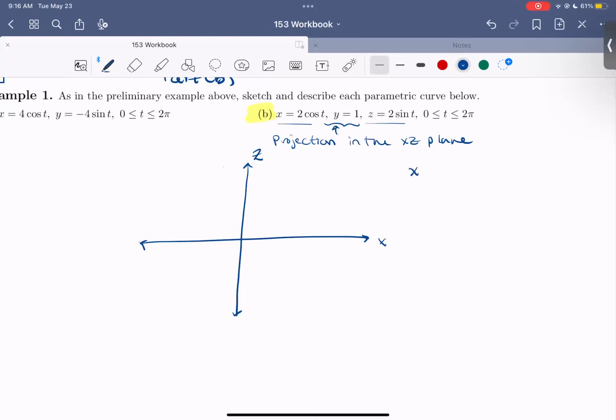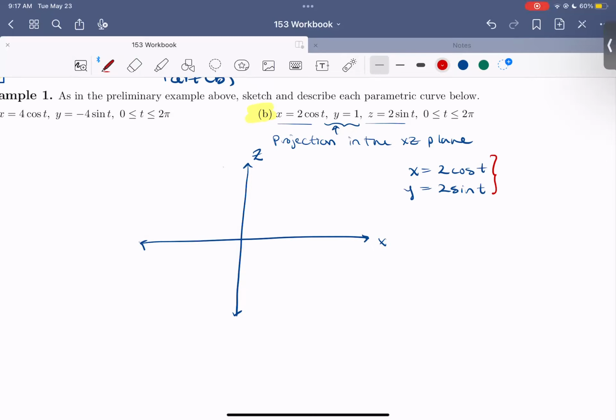So here we have x is equal to 2 cosine t, y is equal to 2 sine t. Again, we have a similar form of our x and y coordinates as we did in example 1 part A, where x is taking on cosine values, y is taking on sine values. So we think that we probably will also get a circle here.